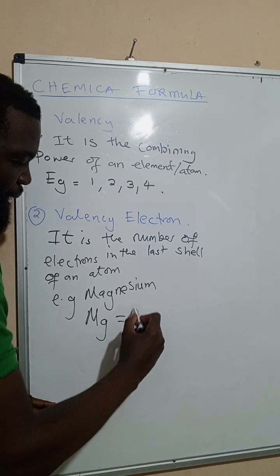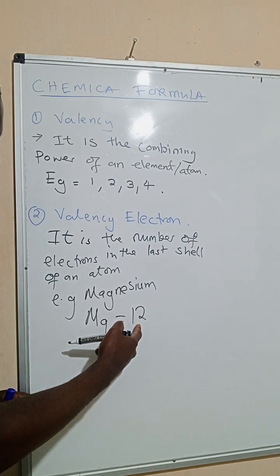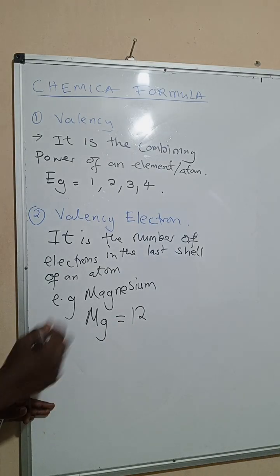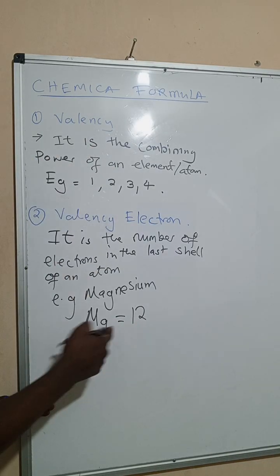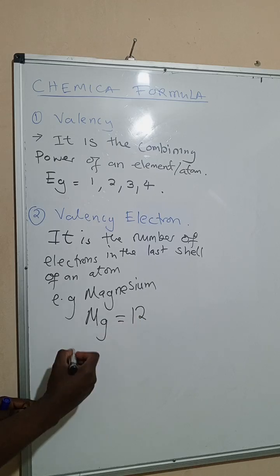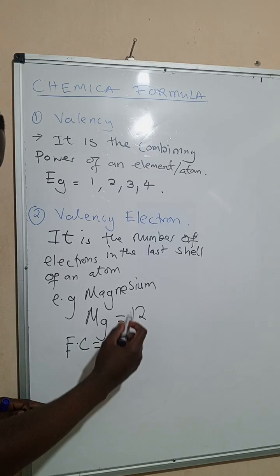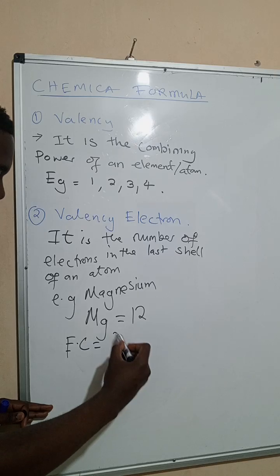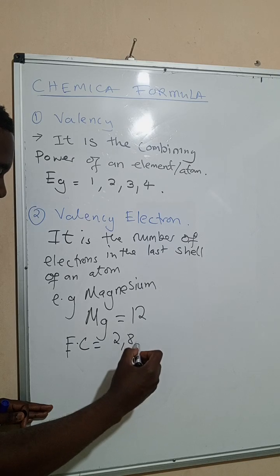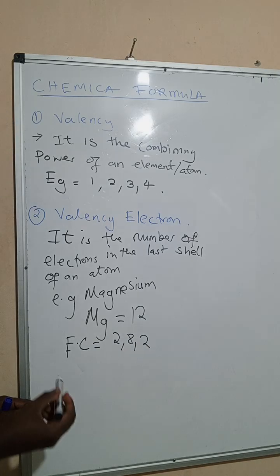It has an atomic number of 12. From the previous lesson, I taught you how to write the electronic configuration, EC. For magnesium it is 2,8,2.